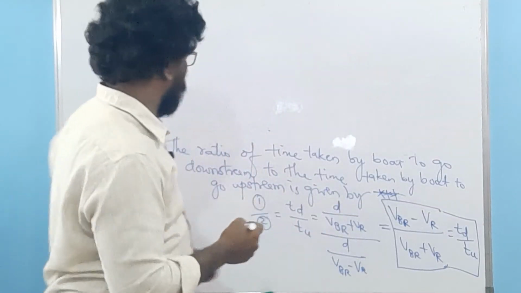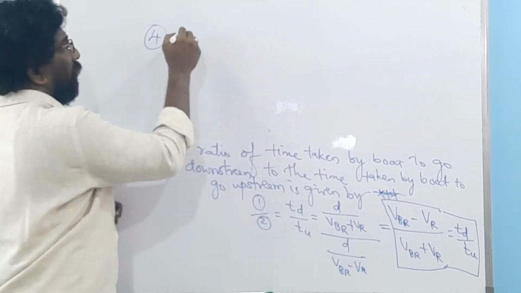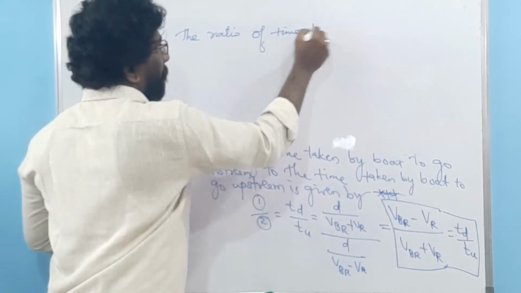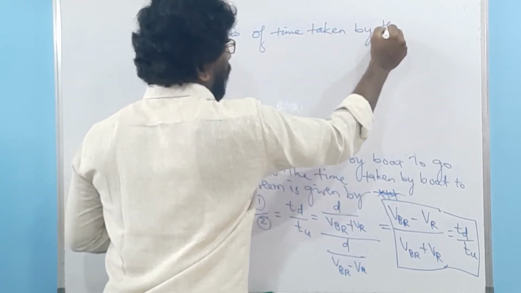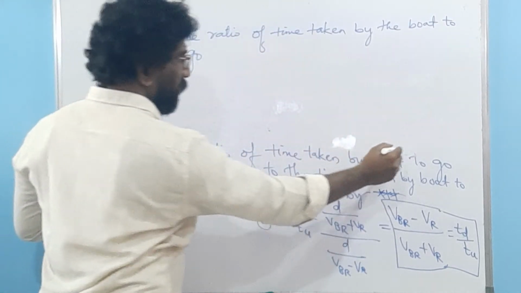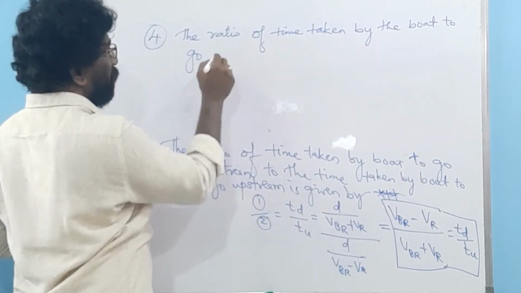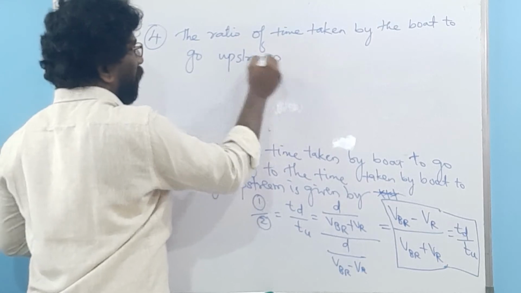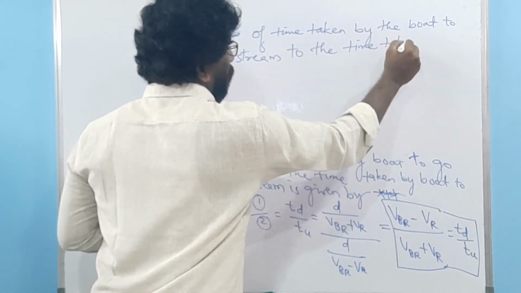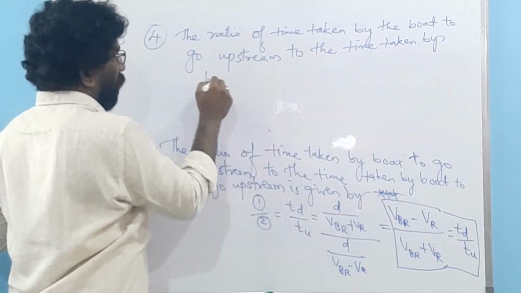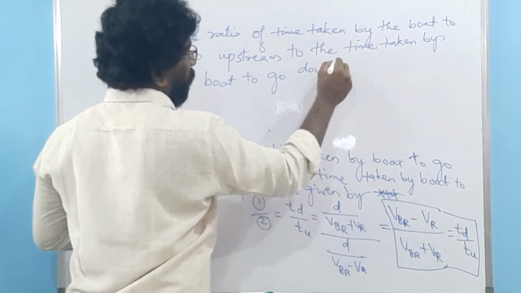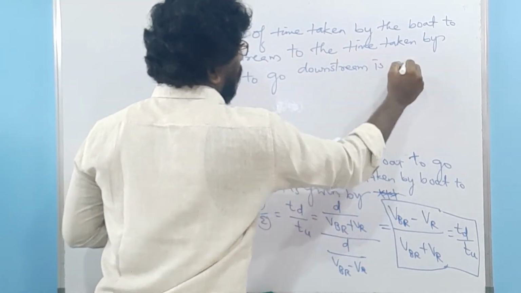Let us see the fourth one regarding the ratio. The ratio of time taken by the boat to go upstream first, to the time taken by boat to go downstream is given by.